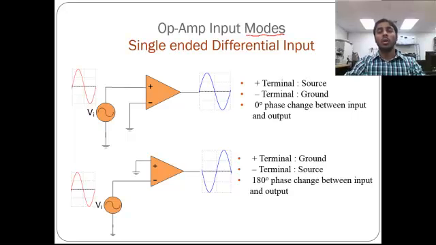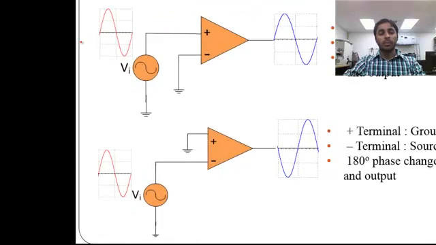The next couple of slides concentrate on various modes of operational amplifiers. As you can see, these two circuits are connected in the single-ended configuration. Operational amplifiers are differential amplifiers, so we have single-ended, double-ended differential, and common mode inputs.